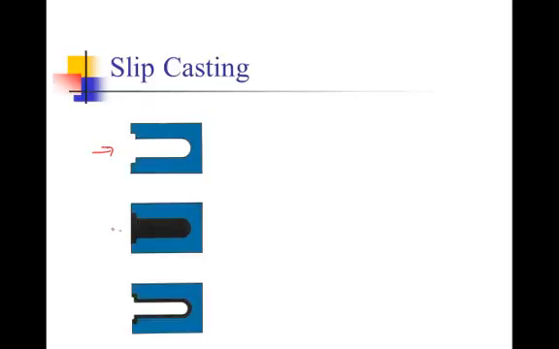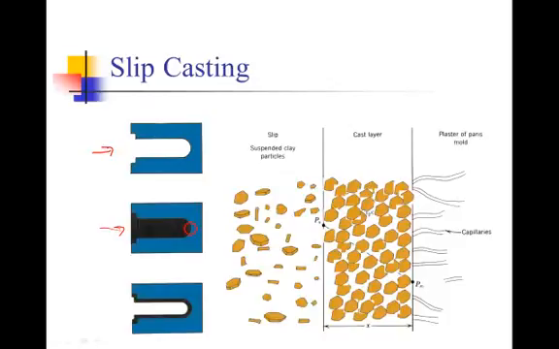Usually this is a very watery slip in this case, and you will cast that into the mold, and then the pores on the wall of the mold use capillary pressure to suck up the water from the slurry, and that results in the powder particles in the slurry being compacted against the walls of the mold. And then the excess slurry is drained out of the middle of the mold, and it leaves a shell lining along the inside of the mold.